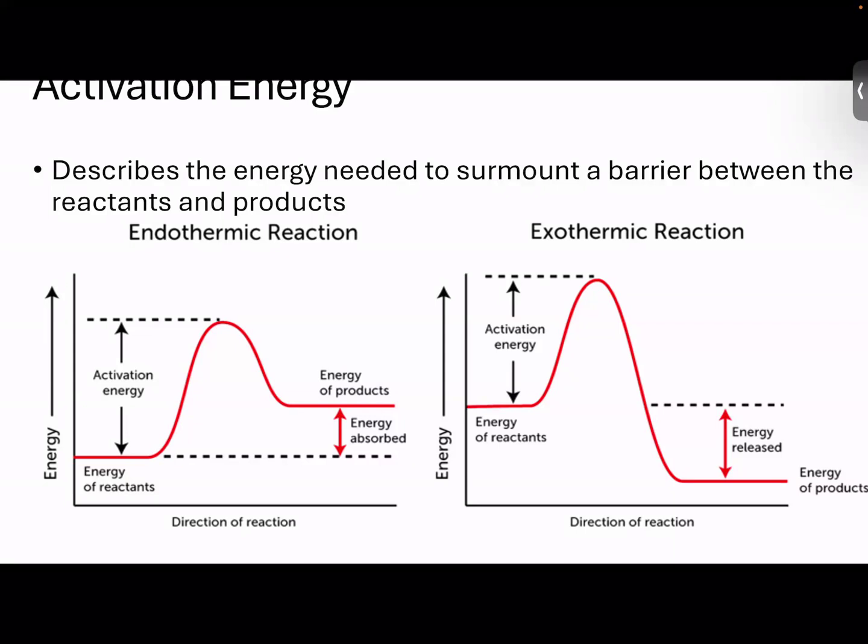They have several pieces. The first thing I want you to note is that the y-axis is energy. The x-axis is the direction of the reaction. So in other words, on the left-hand side we have our reactants, and on the right-hand side we have our products, because the reaction typically goes from reactants to products.